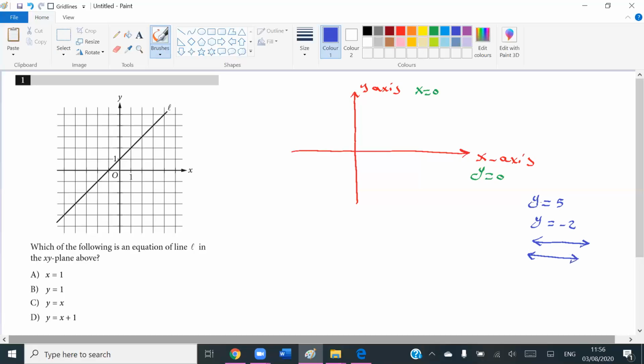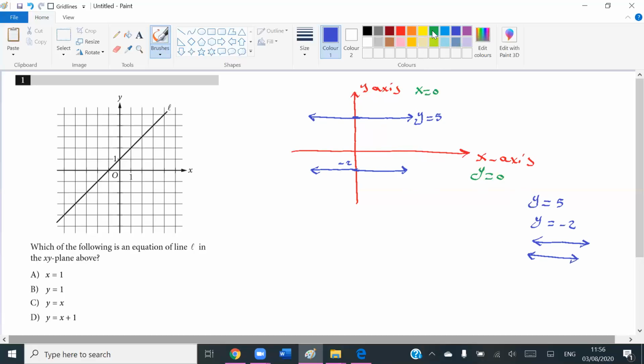If you need to draw y equals 5, this is 5, for example, and from this point, we graph the line like this. So this line represents y equals 5. And y equals -2, this is -2, and from this point, we graph the line. So if you have only one variable y, the line will be a horizontal line.